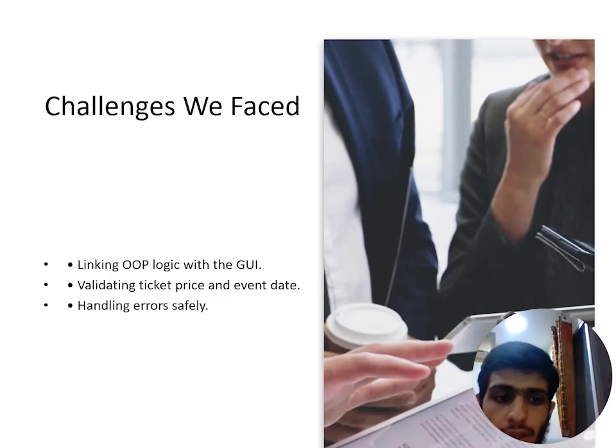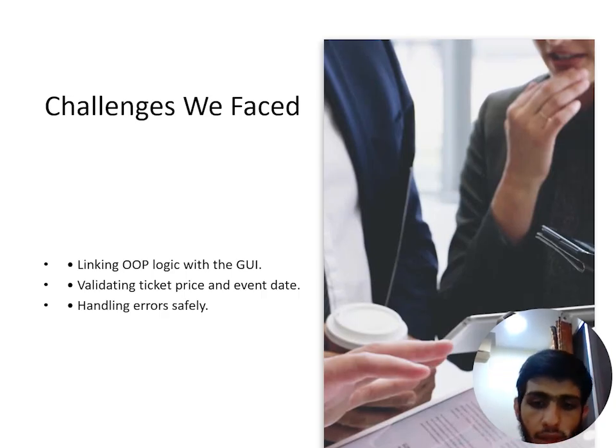Also, we had to handle some errors, such as the system could not read the file and could not find it. These challenges taught us how important error handling and validation are when building real applications.